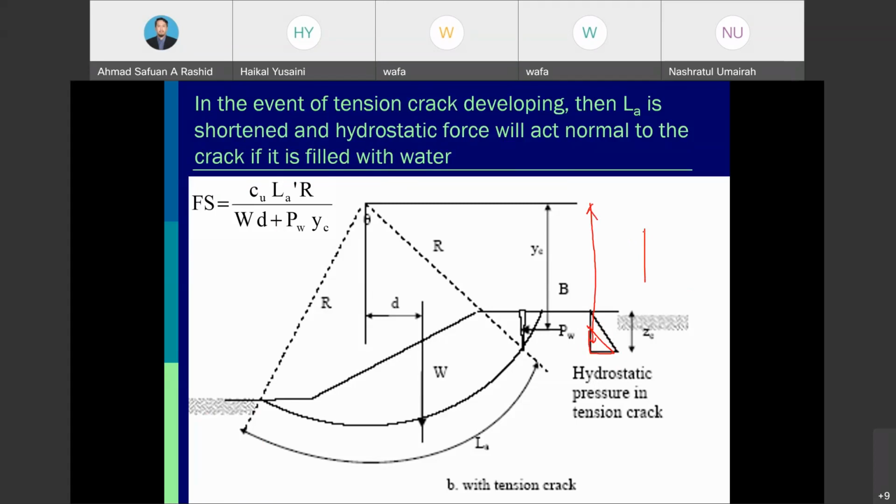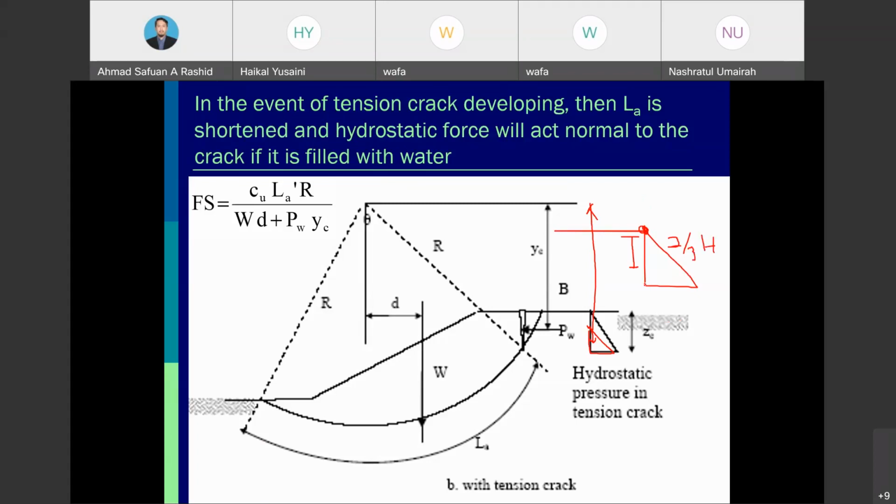Normally for a triangular shape, when we refer to the top as the origin for the moment, we need to use two-thirds of the height.